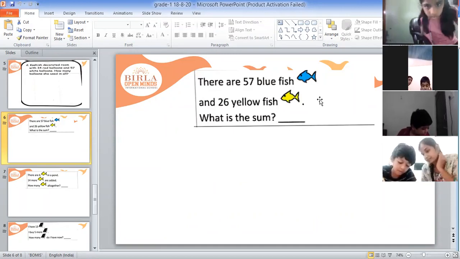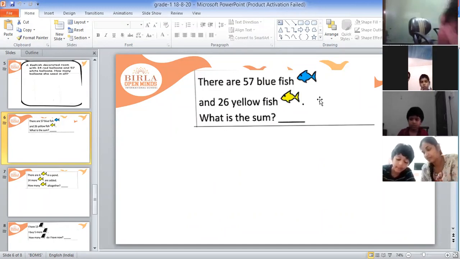Yes, children, write this word problem in your math notebook. It's not there in your book. You have to write this question in your notebook.